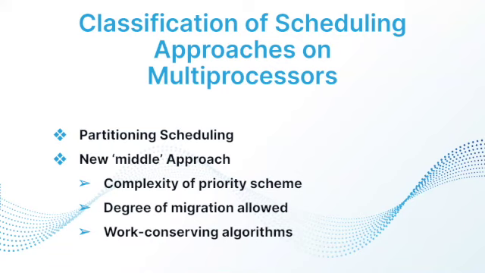The main advantage of this method is the reduction of multiprocessor scheduling problems into a set of uniprocessor ones. The downside of this approach is that finding an optimal assignment of tasks to processors is a bin packing problem, which is actually an NP-hard one.